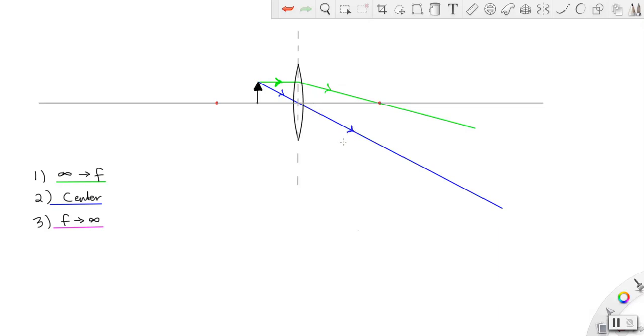It's this third one that tends to trip people up. This is the purple, focal to parallel. Now, recall that we've already used this focal point over here, right? So we need to use this one, but we can't draw a ray from here. Well, I shouldn't say we can. We can draw a ray from here to there, but that's not very useful because it never encounters the lens, right? But what if we instead drew a ray that goes to this point from the focal point?